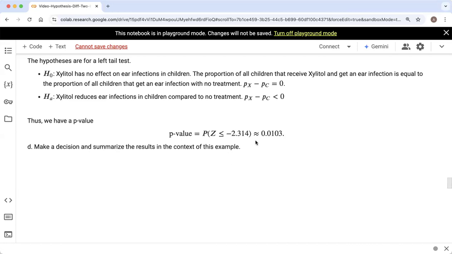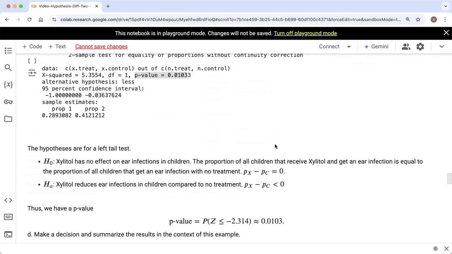So our p-value is not smaller than the 1% significance level. So this would not be statistically significant for that 1% significance level. Our test result here would be inconclusive, and we actually would not be able to claim with any level of certainty whether or not xylitol has any effect on reducing the incidence of childhood ear infections at this 1% significance level.